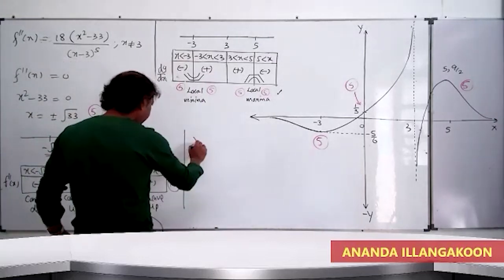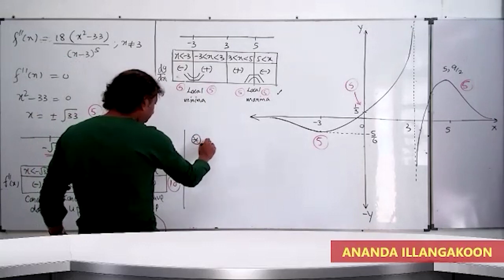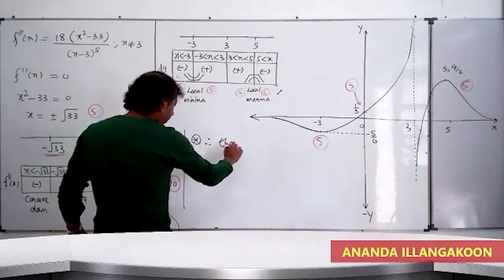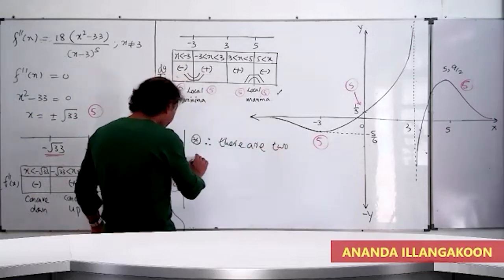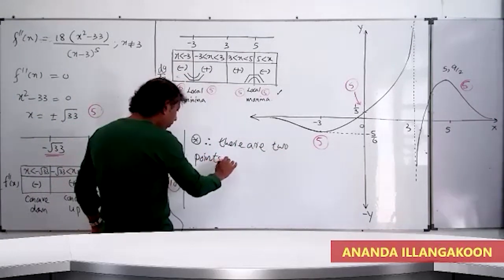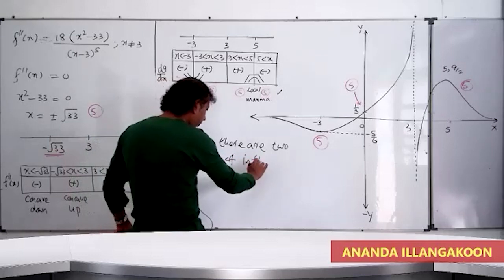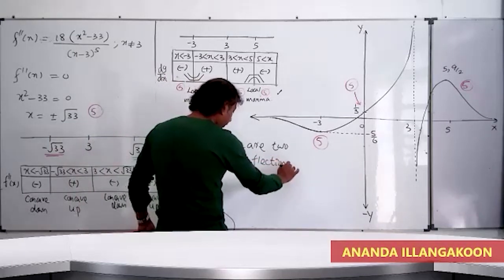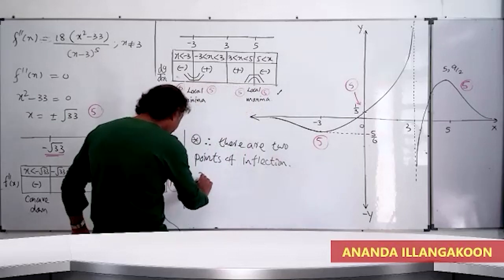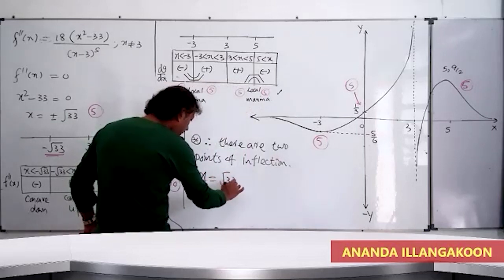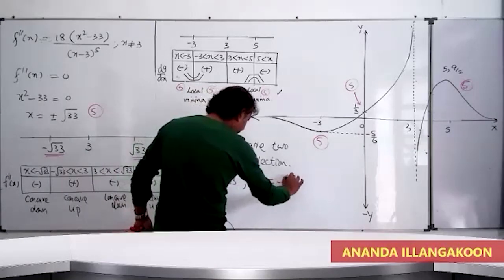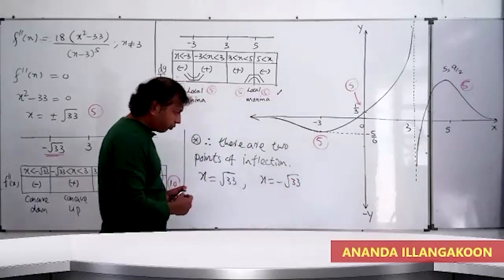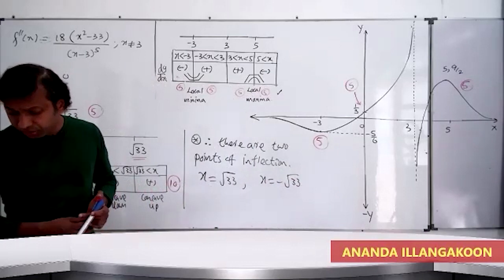The last answer. Therefore, there are 2 points of inflection. X value plus root 33, x value minus root 33. For this, you are given another 5 marks finally.